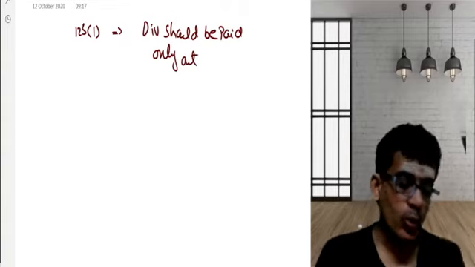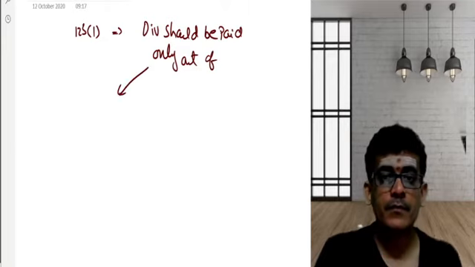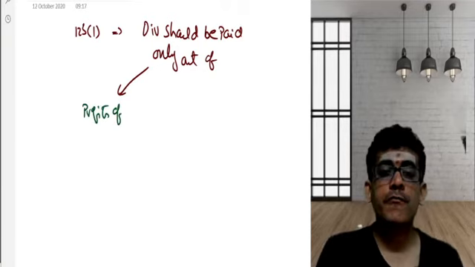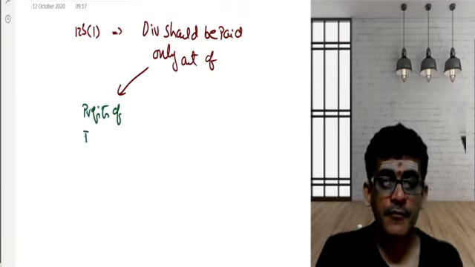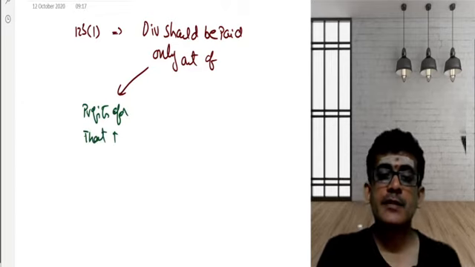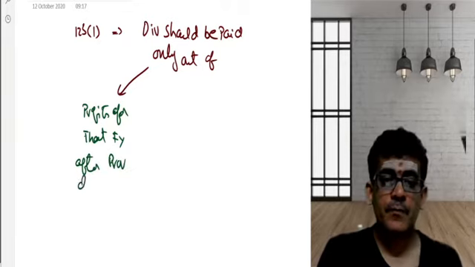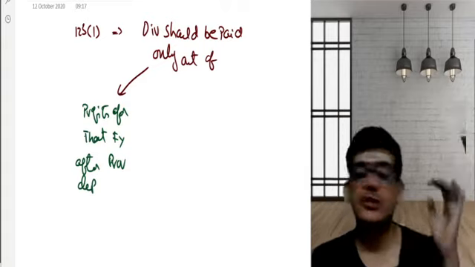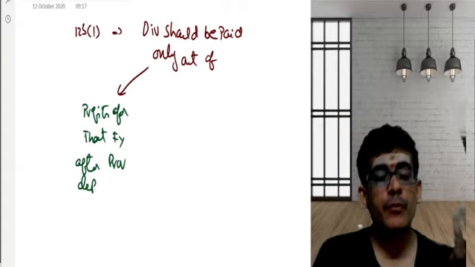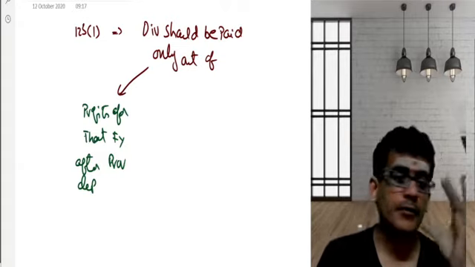Only out of, let us see, one: profits for that financial year after providing depreciation in accordance with the section. So whatever profits you get, you provide depreciation, then whatever profits remain after depreciation can be used for making declaration of your dividend.